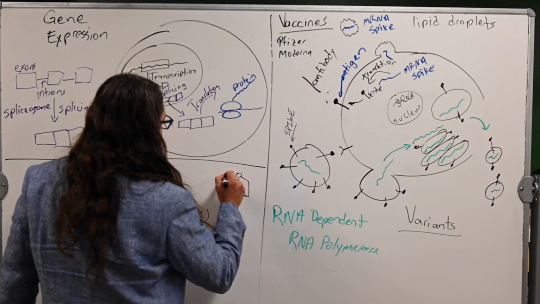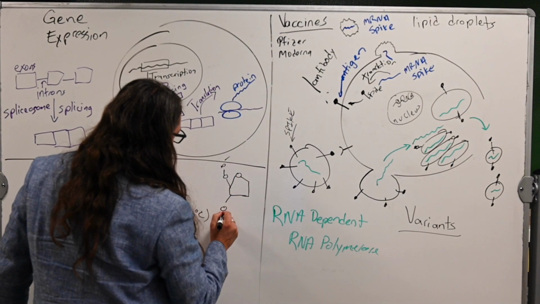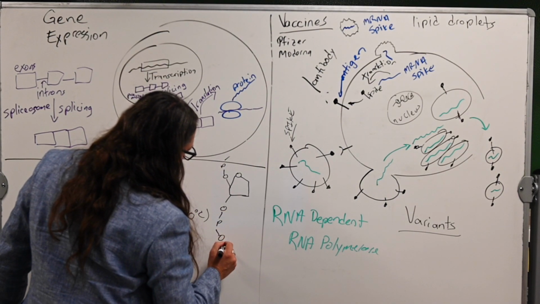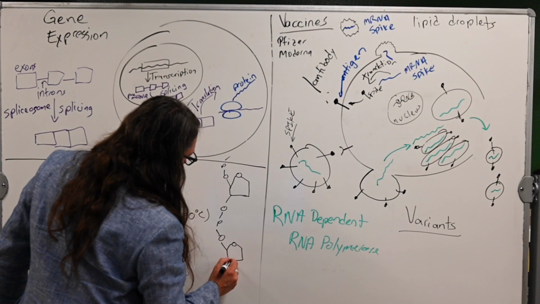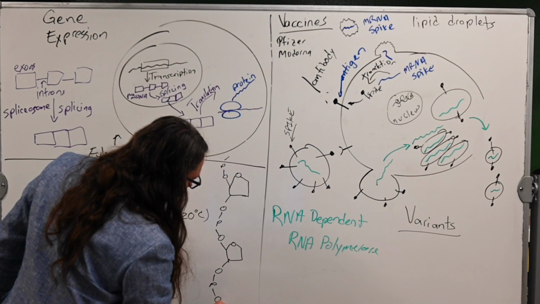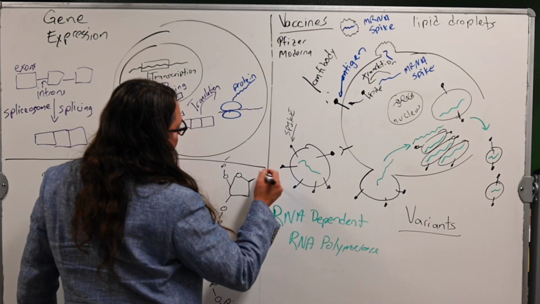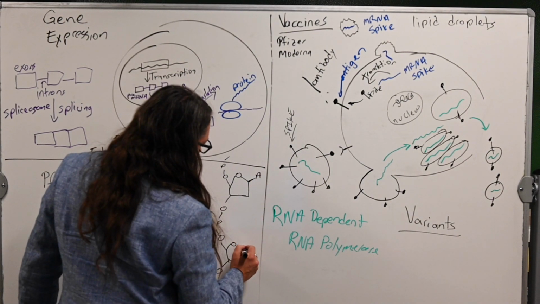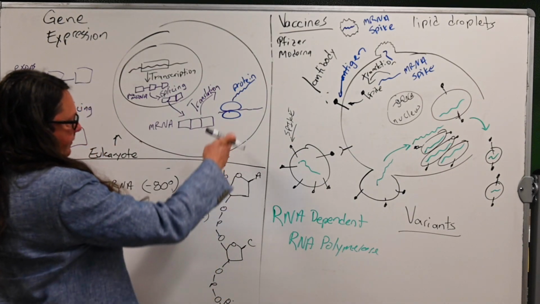You'll learn it later. Phosphate, it keeps going. Here we have another one. And this may not be accurate because it's been a long time since I really studied these molecules. Okay, and then off of here would be a base. So maybe this is an A. And off of here would be a C. Okay, so this is the backbone of RNA.